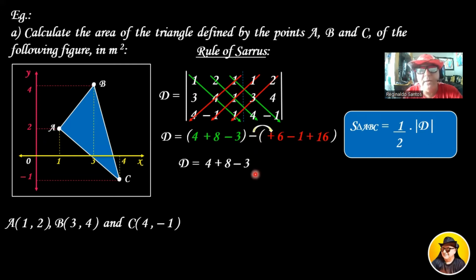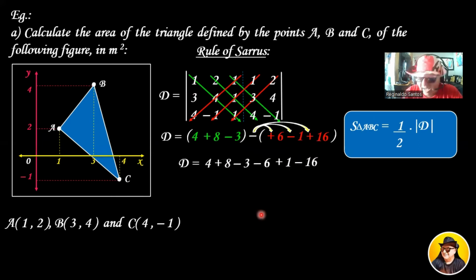So here we have -6. You can see? And the other one, minus times minus is plus. So we have +1. And the next one, minus times plus is minus. So we have -16. You can see?